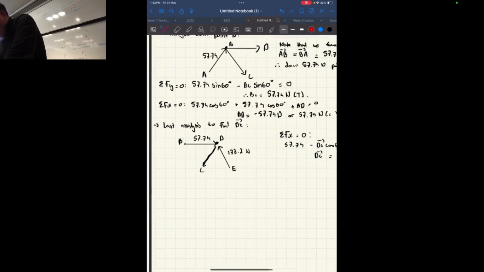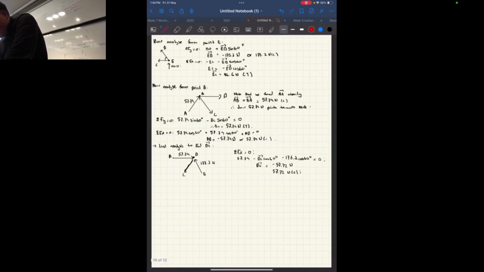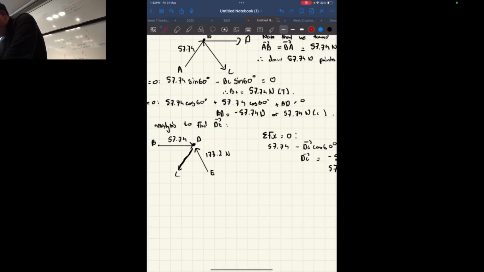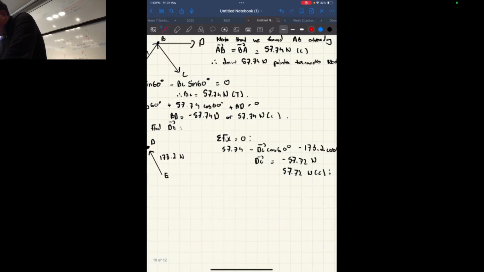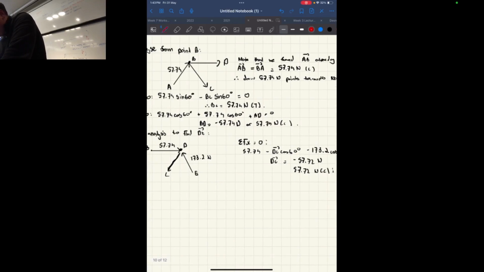Last analysis is to find D. We draw the FBD again with DB and DC. We found ED as 173.2 newtons in compression, so it points towards the joint, and BD as 57.74 newtons in compression, so it also points towards the joint. Now sum of Fx equals 0, so you have 57.74 there in positive.